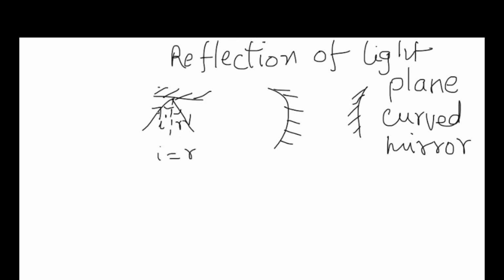Now the incident ray, the reflected ray, and the normal are all in the same plane. This would mean that if you take this as the plane and this as the reflecting surface, then they are in the same plane.